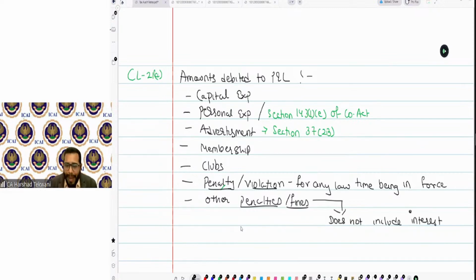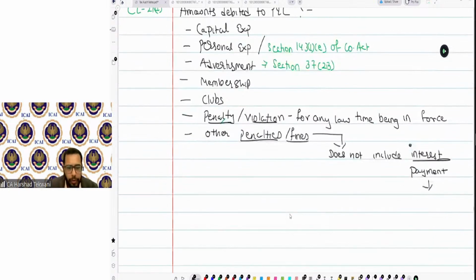So interest paid on delayed payment, interest paid to MSME is not a penalty or violation or fine. Okay, it is not required to be reported here. So payment of interest is not to be reported here.